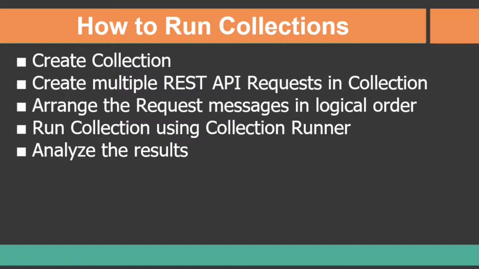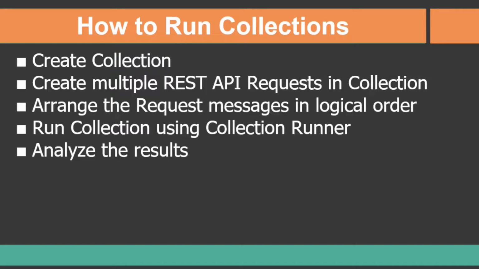As part of this lesson, we are going to create a collection, which I already explained in my previous session. Then in the collection, I'm going to create multiple REST API requests that I would like to test. Then I'm going to arrange the request messages in logical order, and run the collection using the collection runner.